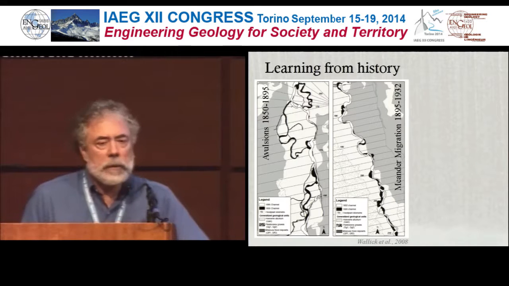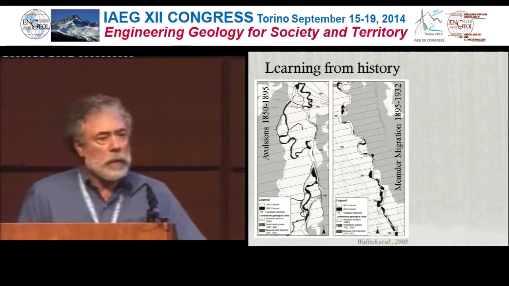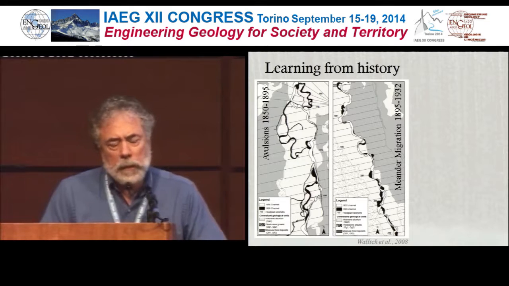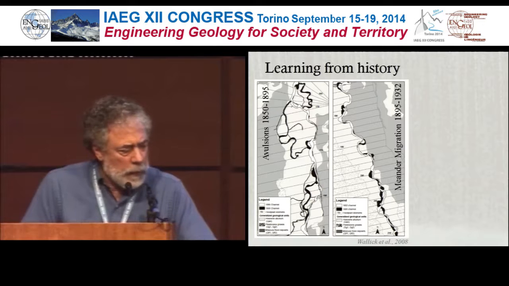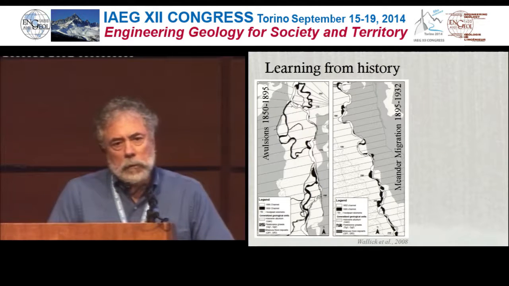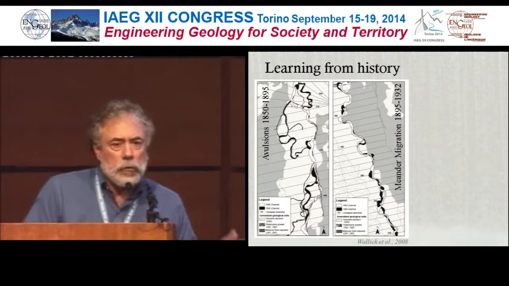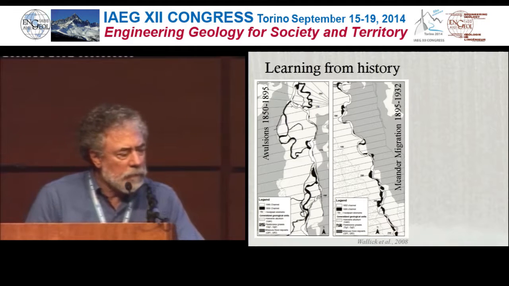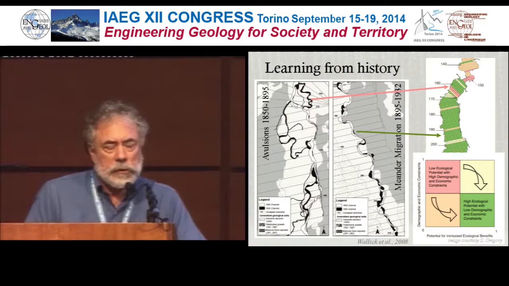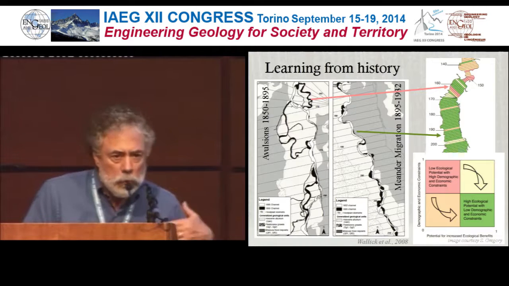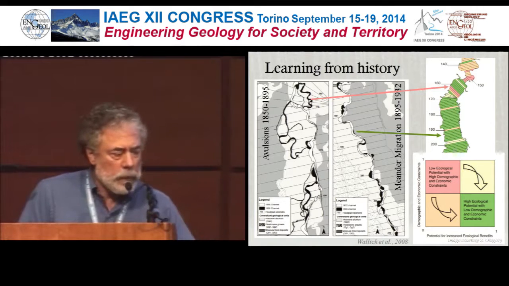And to the right is the modern river, which has been constrained by a variety of erosion control measures and such. What we can do, however, because of our ability to look into the past and interpret and see this history, is to begin to identify parts of the river system which have historically had the potential to wander and migrate laterally.